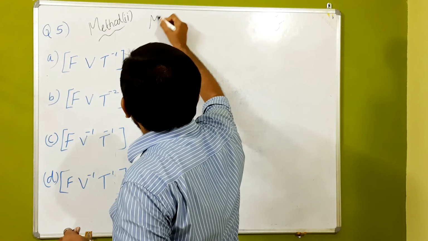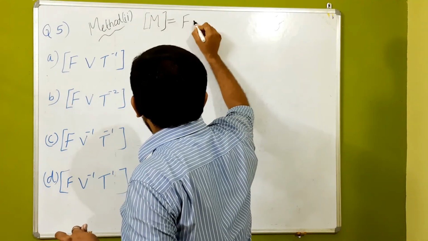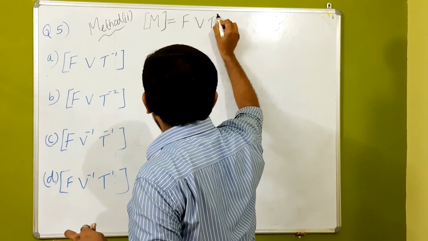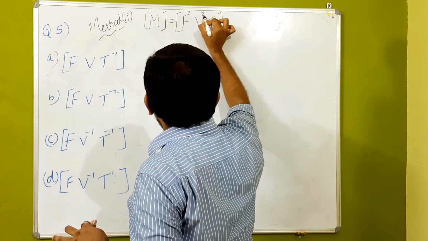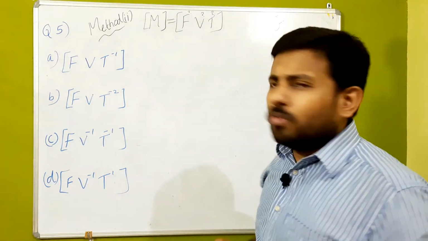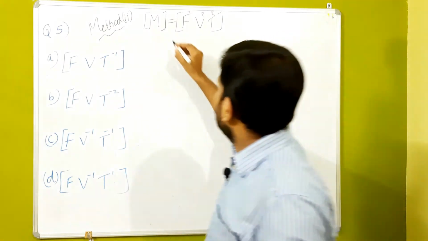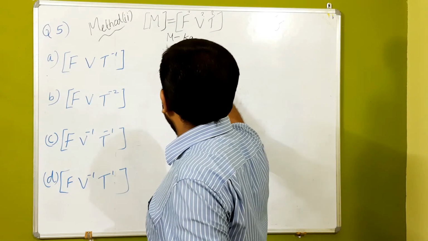In the usual method, we compare mass with force, velocity and time, and try to find out the coefficients, right? So what is the unit of mass? The unit of mass is kilogram, right?